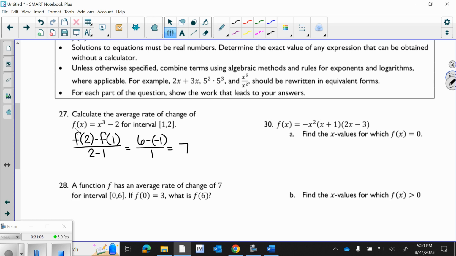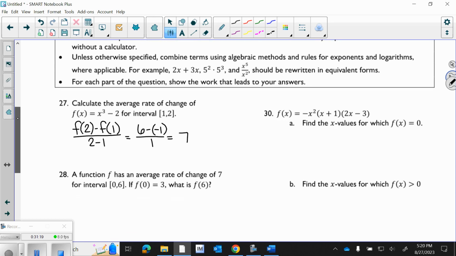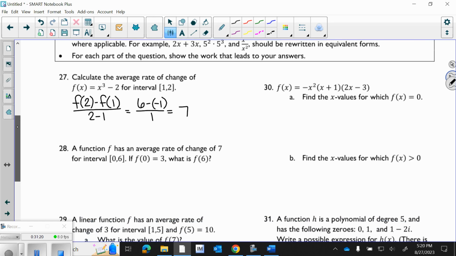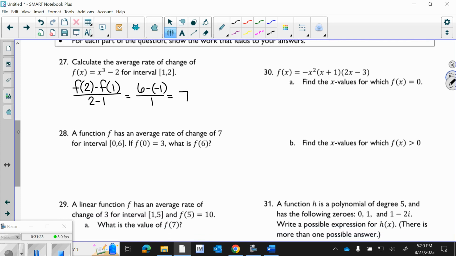Number 28. A function f has an average rate of change of 7 for the interval 0 to 6. If f of 0 is 3, what is f of 6? Well, let's just use the same difference quotient that we used above. We'll fill in everything that we do know and then solve for what we don't know.